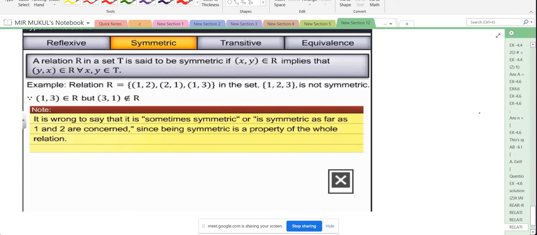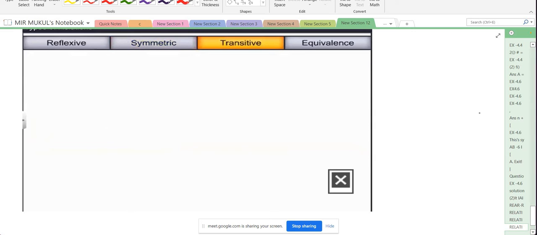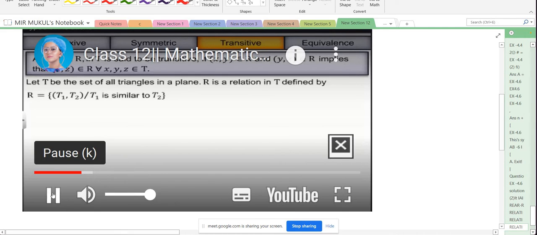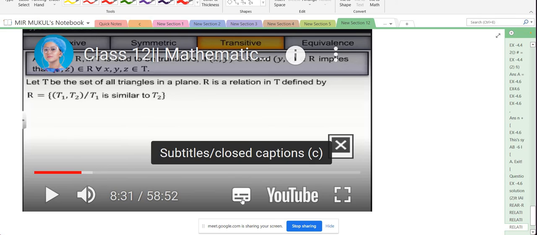Note that it is wrong to say that it is sometimes symmetric or is symmetric as far as 1 and 2 are concerned, since being symmetric is a property of the whole relation. Let us now move on to transitive relations. A relation R in T is said to be transitive if (x, y) and (y, z) belong to R, implies that the ordered pair (x, z) also belongs to set R. Now try to understand the meaning of this.